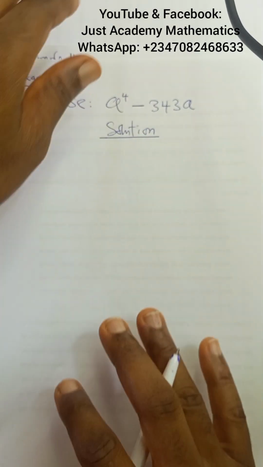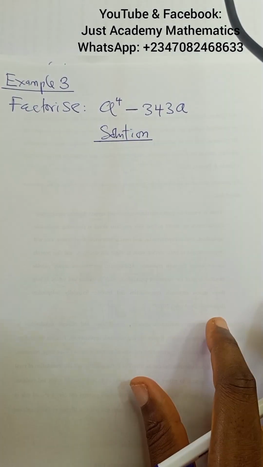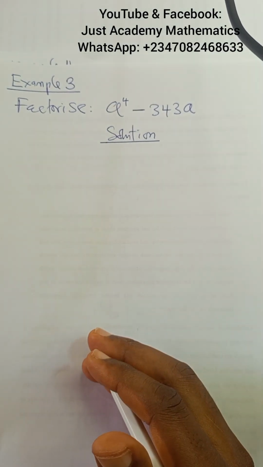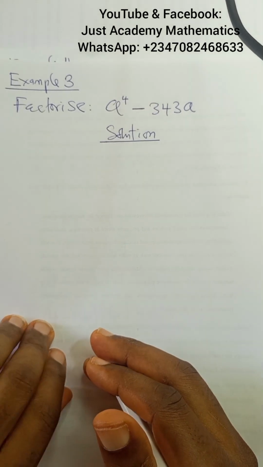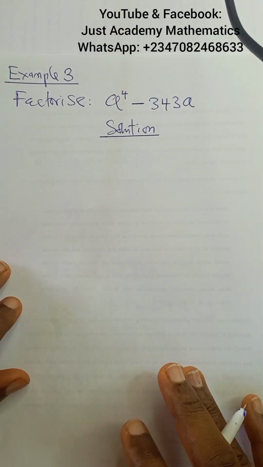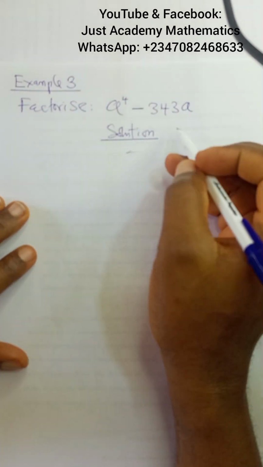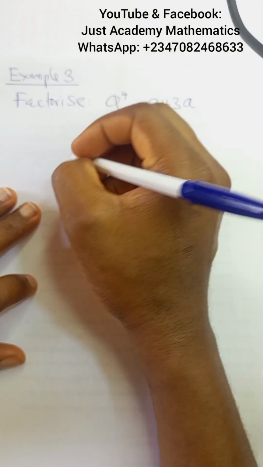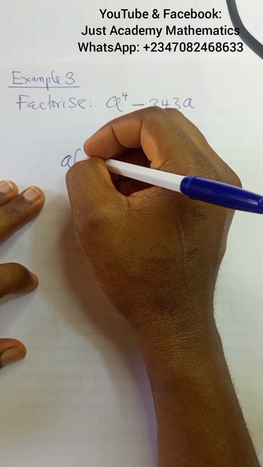Look at example 3 here. Look at example 3. So example 3, we're applying the same thing we just did there. If you look at this very well, carefully, you will notice that A is common here. So let's bring out A. If A is outside, what will remain?